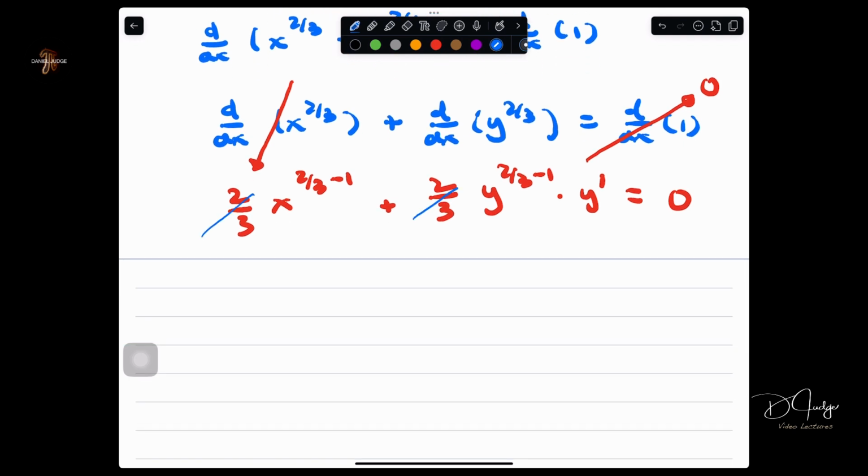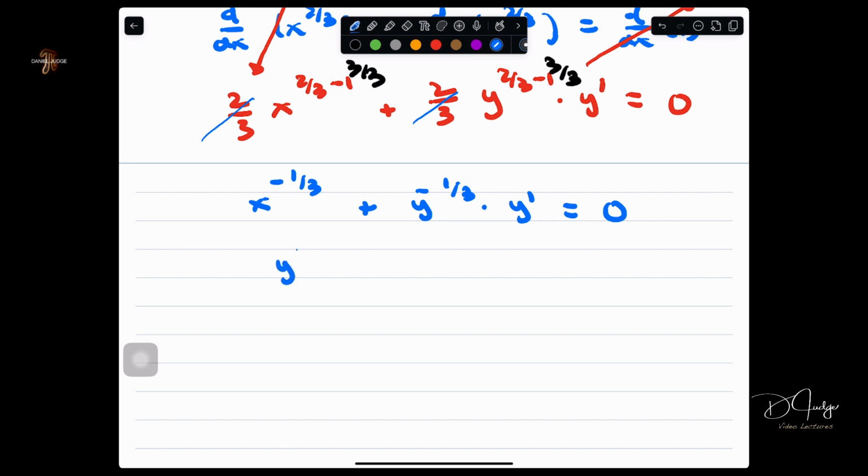What happens is this 2/3 goes away. We're going to have x to the, let's do some arithmetic now. Okay. 3/3, 3/3. So we get x to the 2/3 minus 3/3, which is negative 1/3, plus y to the negative 1/3 times y prime equals 0.